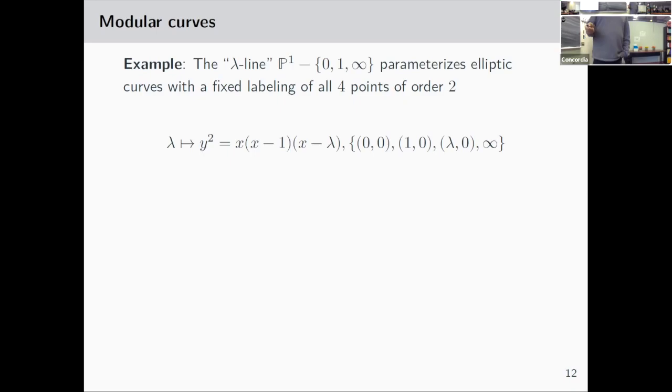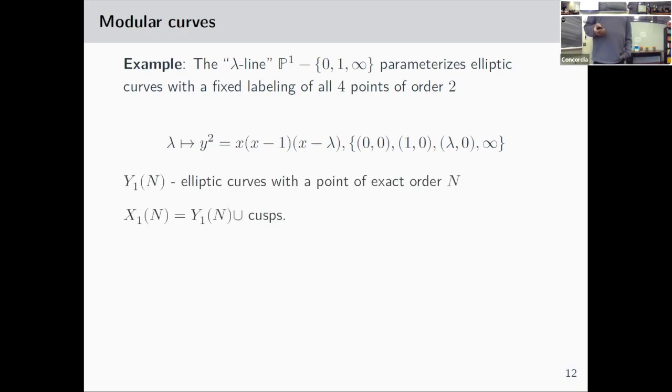How do you do this? You take the parameter lambda, and you write the elliptic curve y squared equals x(x minus 1)(x minus lambda). Now the points of order 2 are (0,0), (1,0), (lambda,0), and the point at infinity. So I've labeled all the points of order 2. That's a simple example of a modular curve.